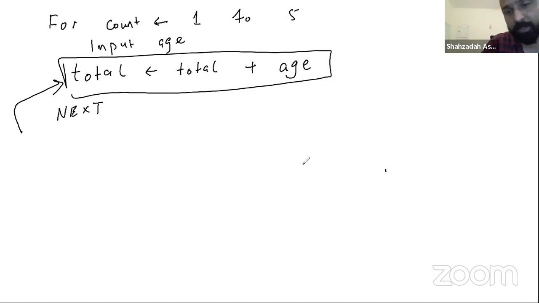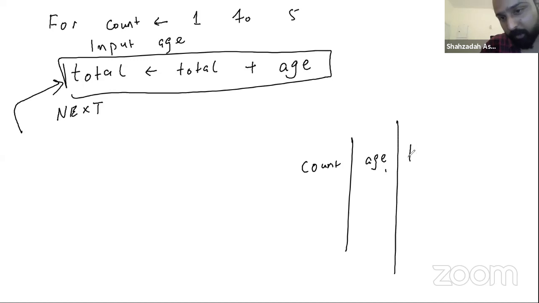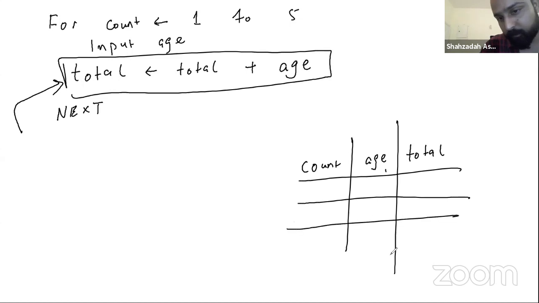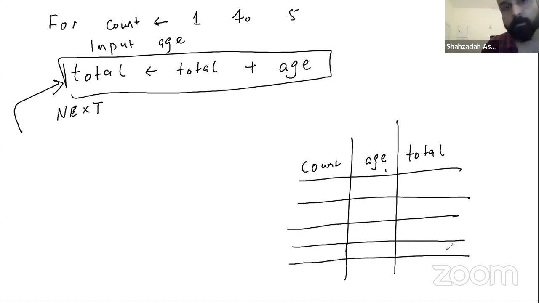हम इसको थोड़ा सा ट्रेस करके देखते हैं. Count, and age, and total. All right.